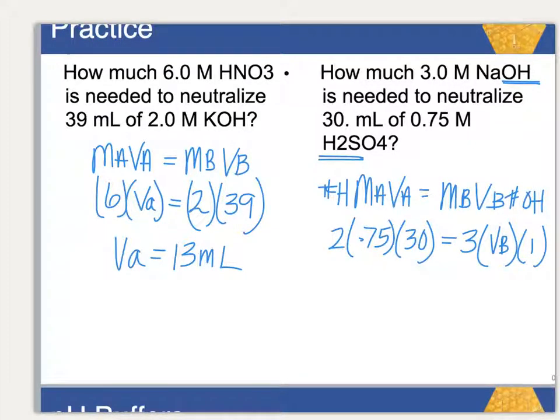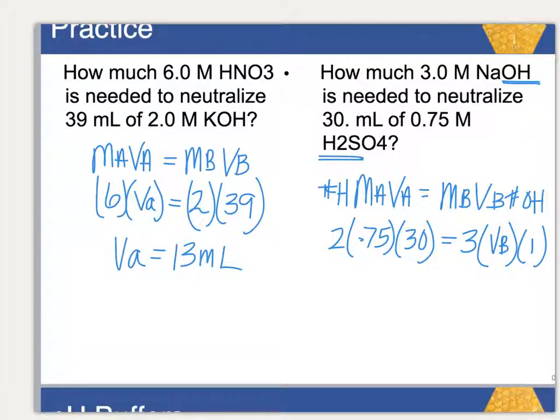On the right, how much 3 molar NaOH is needed to neutralize 30 mL of 0.75 molar H2SO4? Well, the first thing I notice is that my H to OH ratio is not 1 to 1, and I like to use my formula, but you could have certainly done it the other way.